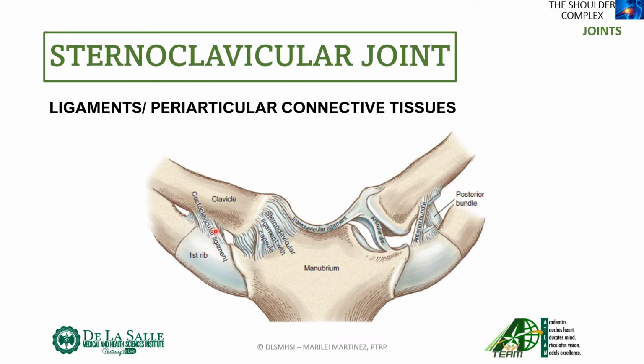Next, we have your costoclavicular ligament. From the name itself, the attachments will be the costal cartilage, specifically the first costal cartilage, and the clavicle, specifically the costal tuberosity located in the inferior surface of the clavicle, which we have discussed a while ago. Based on the picture, it has two bundles, the anterior bundle and the posterior bundle.